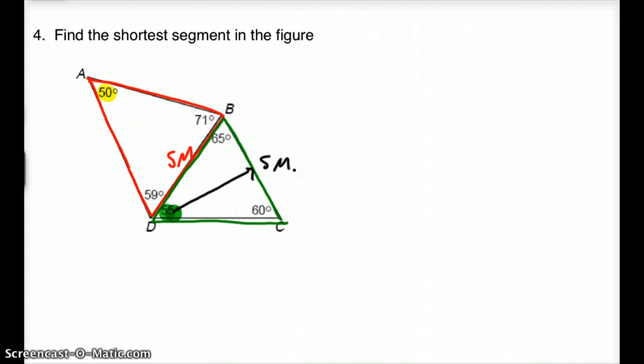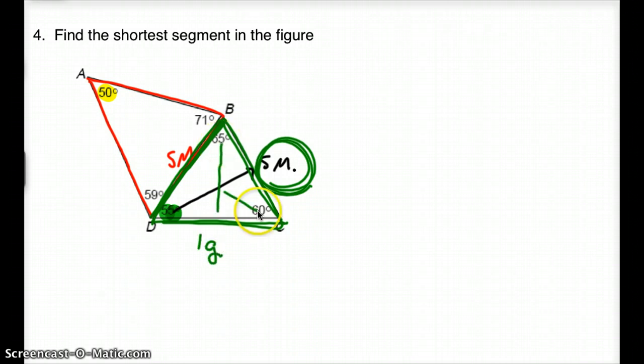Do you guys see here that in this green triangle, this is the smallest side. This line right here definitely is the smallest in the red triangle, but when I look at 60, 65, this one's going to be the largest one, and this would be the middle line.